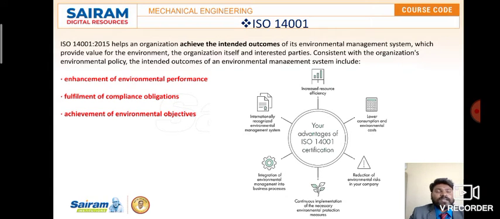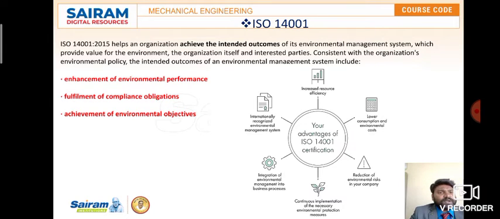So these are the main important outcomes that we are going to get from this certificate program, ISO 14001. It will provide value for the environment, and at the same time for the organization and the interested parties. Whichever parties want to implement it, they are going to get the continual environmental management system.